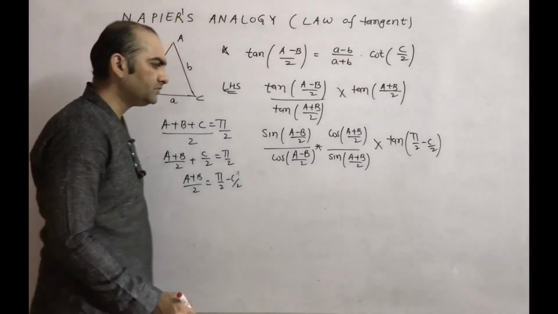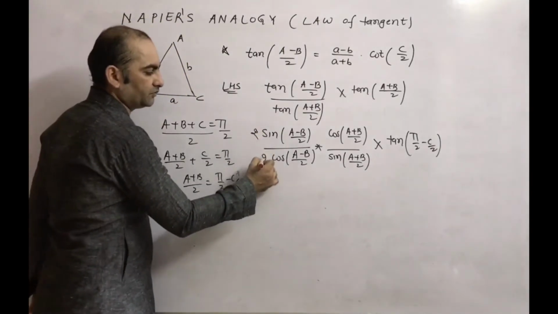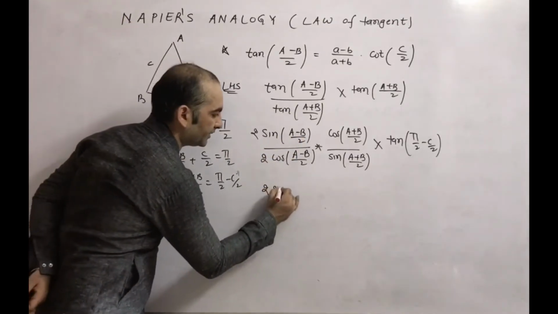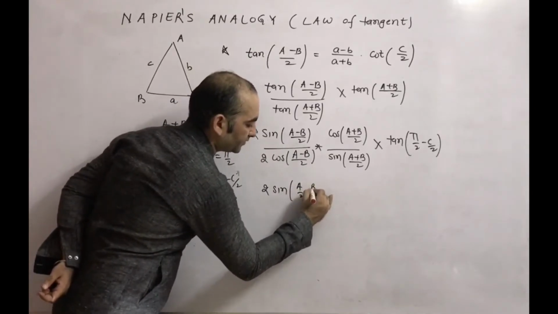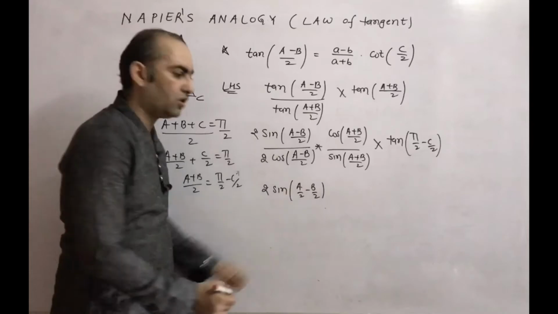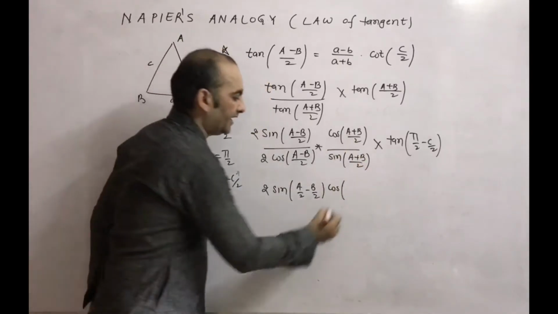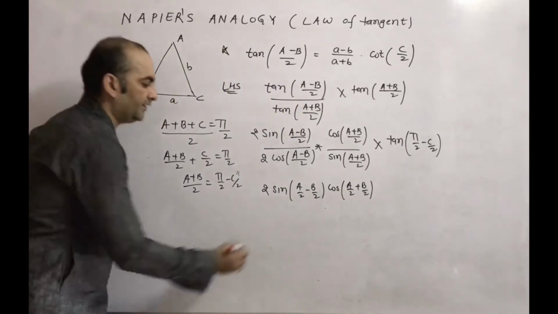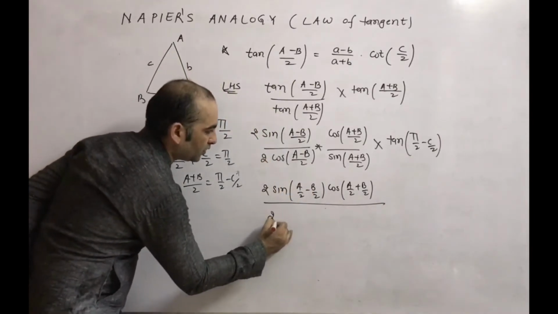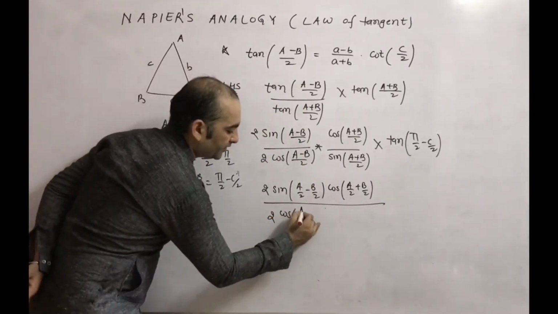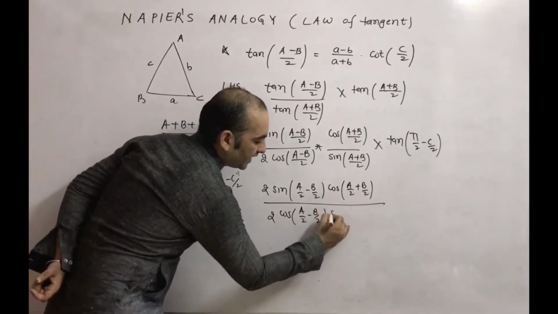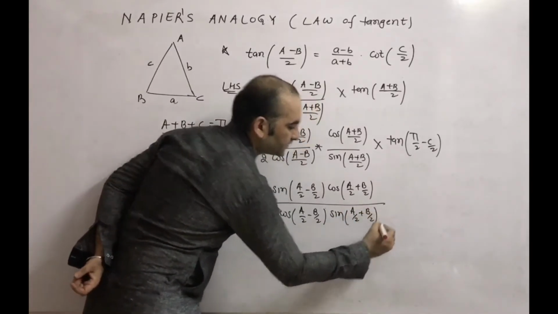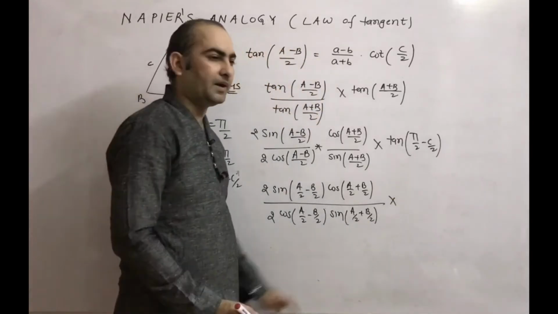Now we multiply by 2 and divide by 2. The numerator is 2 sine of (A/2 minus B/2) into cos of (A/2 plus B/2), divided by 2 cos of (A/2 minus B/2) sine of (A/2 plus B/2), into tan of (pi by 2 minus C by 2).